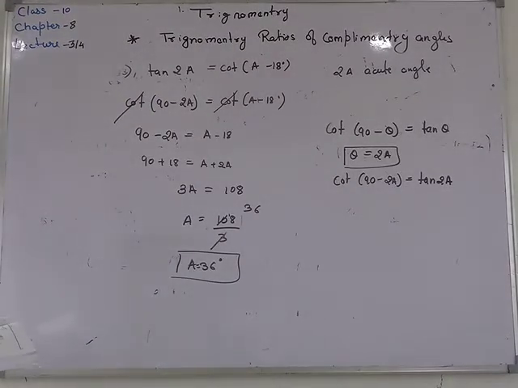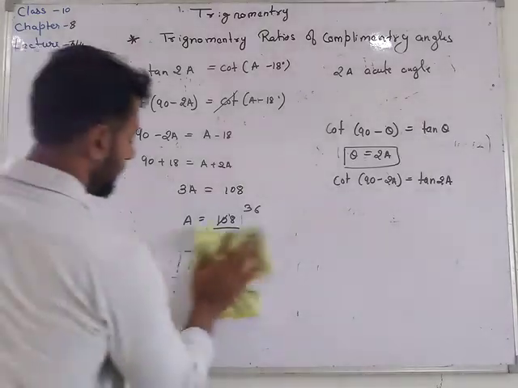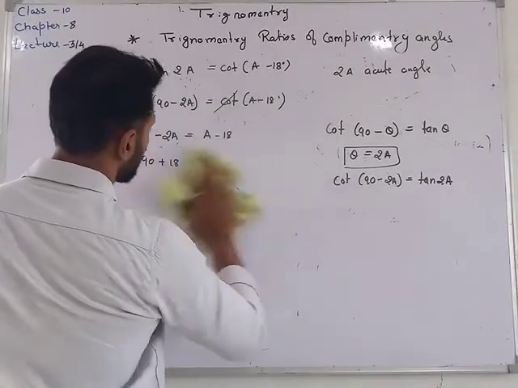Let us move to the next question. If tan A is equal to cot B, prove that A plus B is equal to 90 degrees.